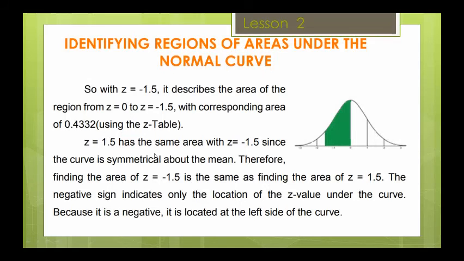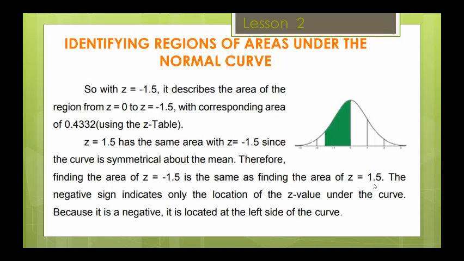So z is equal to 1.5 has the same area as z is equal to negative 1.5 since the curve is symmetrical about the mean. Finding the area of z is equal to negative 1.5 is the same as finding the area of z is equal to 1.5. So when our z value is negative, it is the same as the value of the positive z value.